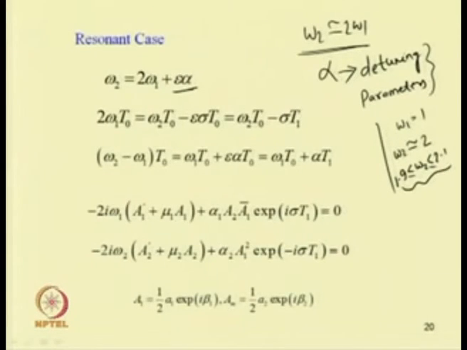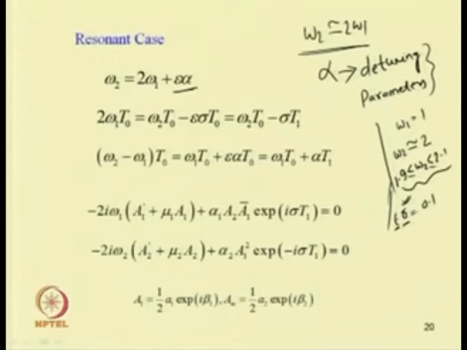That means it can take this value. If we are taking 1.9, then this epsilon sigma equal to 0.1, taking different values of epsilon, so we can find sigma. This sigma is the detuning parameter. In this way, taking different values of omega 2 we can find sigma, or for different values of sigma we can find omega 2.